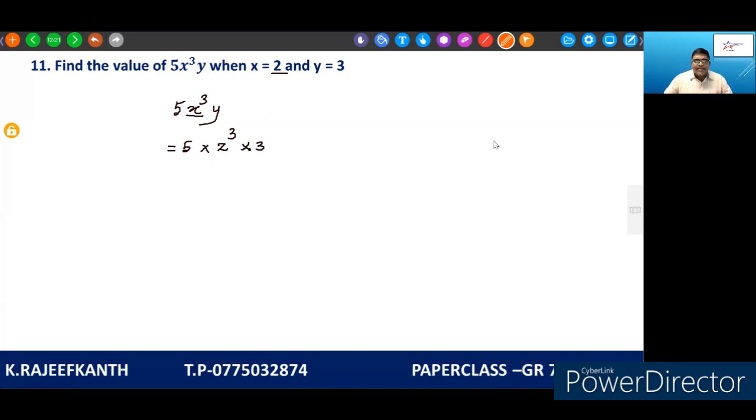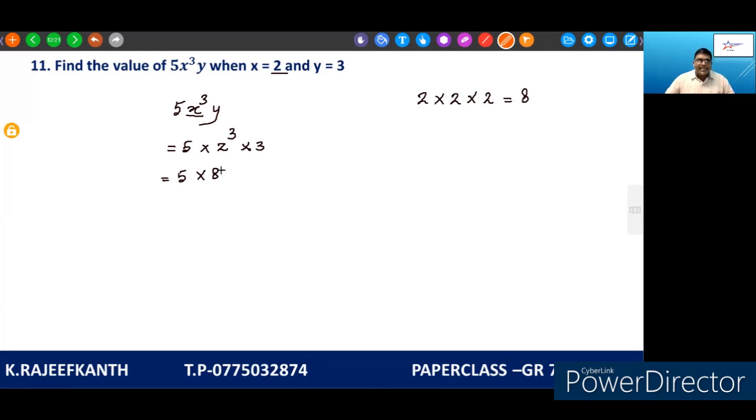5x cubed y. So first, 5 times x, where x is equal to 2. Then 2 to the power 3 times 3. Here 5 into 2 to the power 3 is equal to 8. Here we know that 2 into 2 into 2: 2 into 2, 4. 4 into 2, 8.